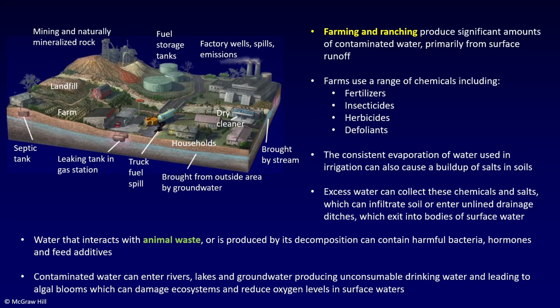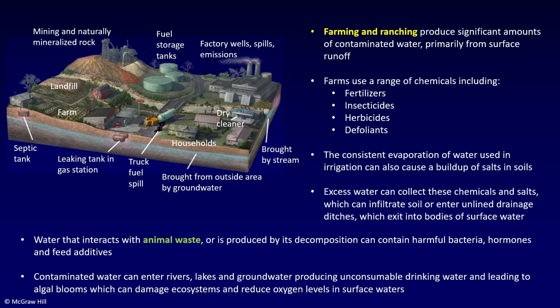The sulfur compounds will react with water to produce sulfuric acid, so the pH will get lower, so it will become more acidic. And you'll also have a very strong smell coming from your body of water because all these sulfur compounds are going to give you that kind of rotten egg smell that you associate with sulfur compounds. And so farming and ranching can be very damaging to water supplies.